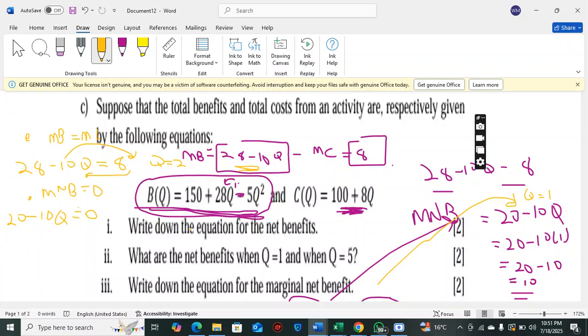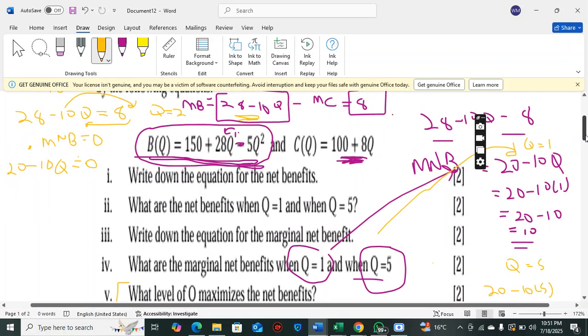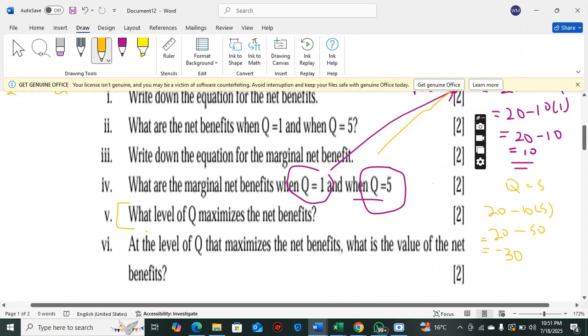Yes, the operations are a bit different. Deriving, there's no need for finding like terms and whatever. Yes. So when this firm produces 2 units, that's when they'll get the maximum net benefits. Okay, which is part 5 here.